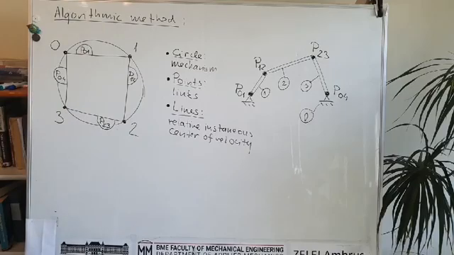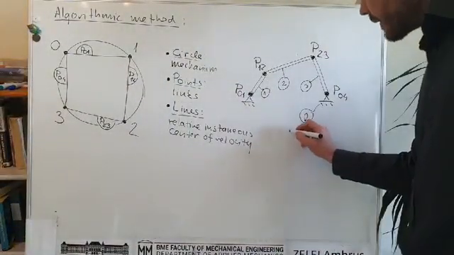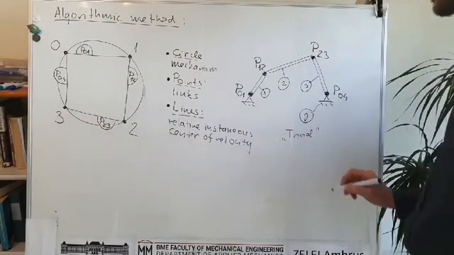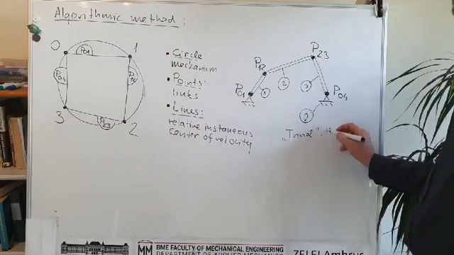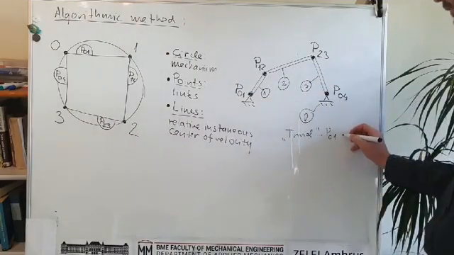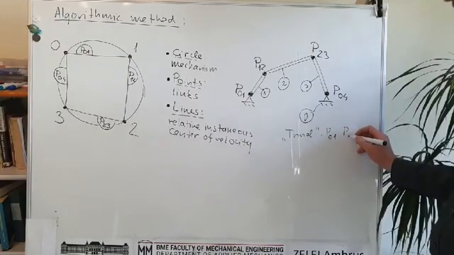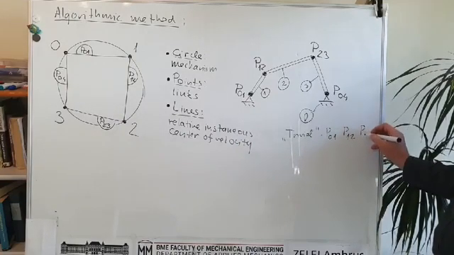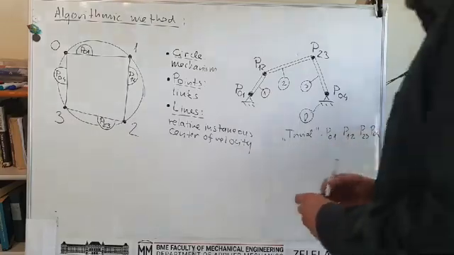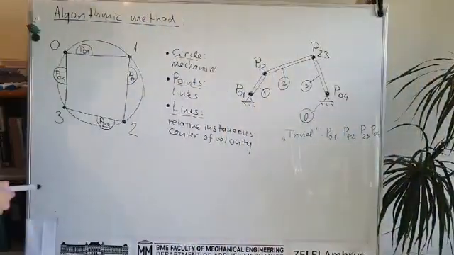So this is what we have so far, and these are, we said, trivial poles because it's easy to put and we don't need the Aronhold-Kennedy theorem. So P10, P12, P23 and P04 were trivial to find.